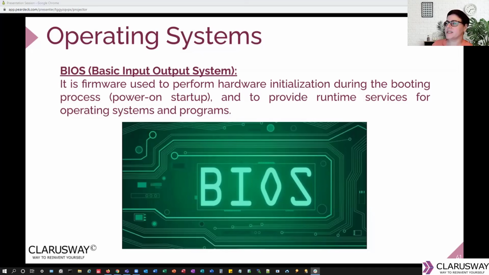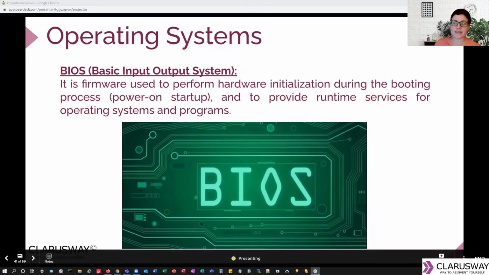And it provides runtime services for the operating systems and programs. Ultimately, once the operating system launches and gets booted up, then the operating system takes over. But BIOS is that foundational set of instructions that the system needs to initiate and perform basic booting.